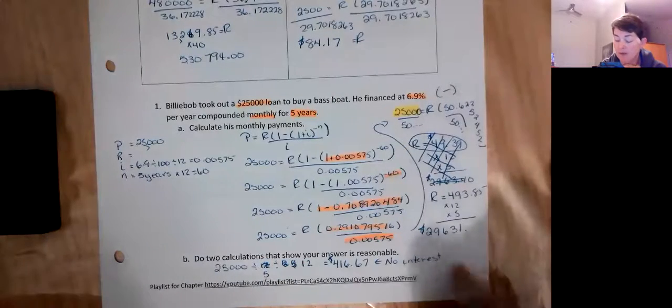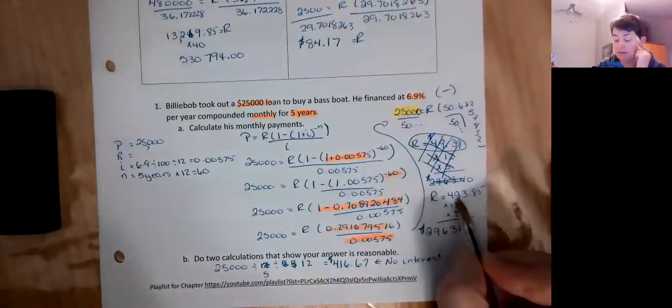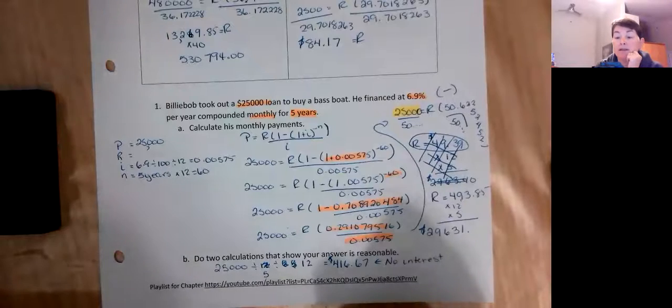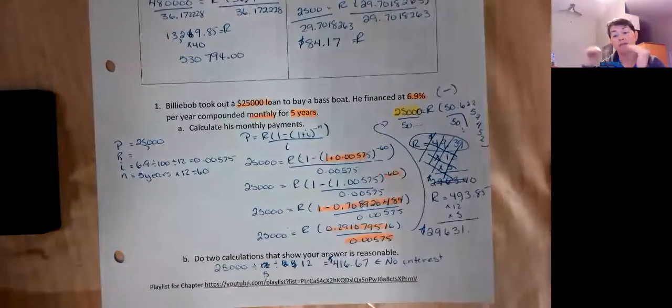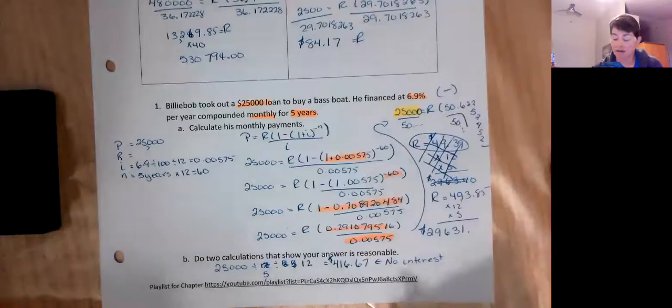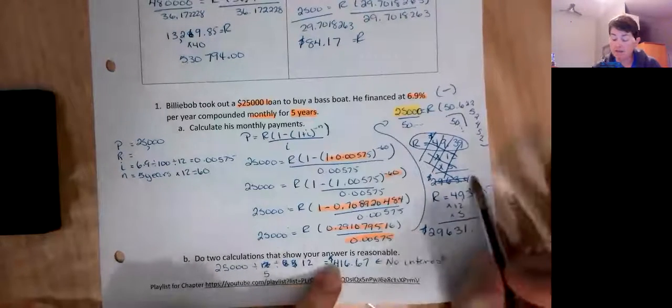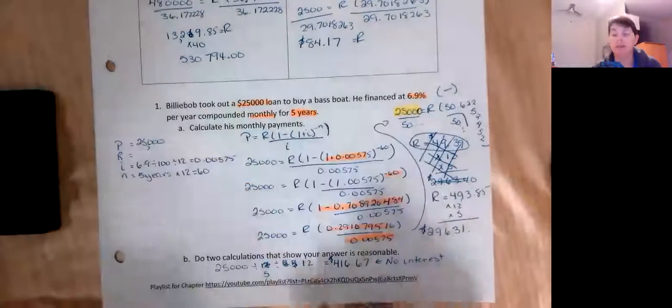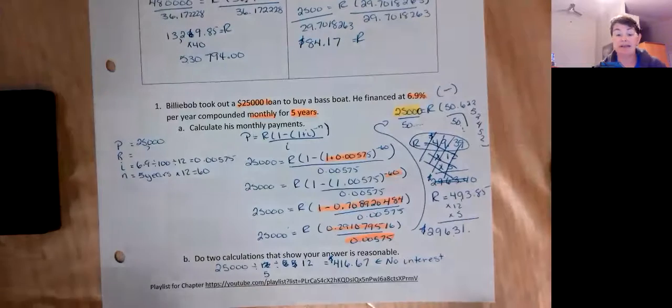So I would expect my monthly payment, which was $493, should be bigger than that. It's not perfect, but it gives you two different ways that you can check. It needs to be bigger than this, and when you multiply it out, this needs to be bigger than that one. All right, that is the end of the video.